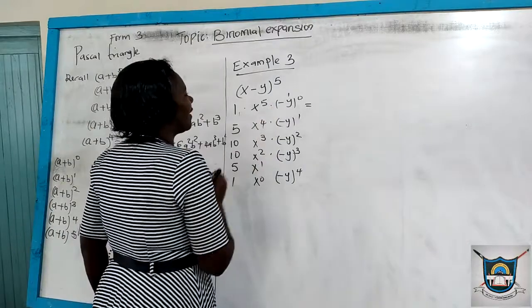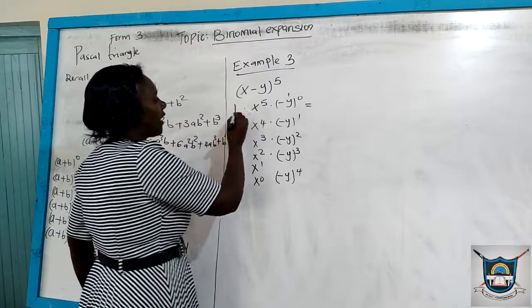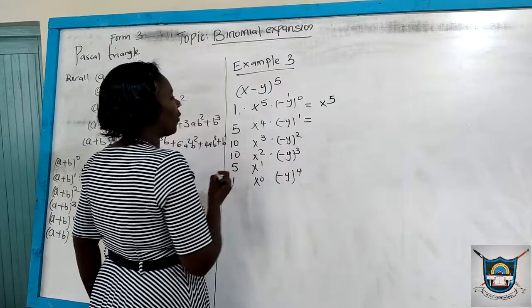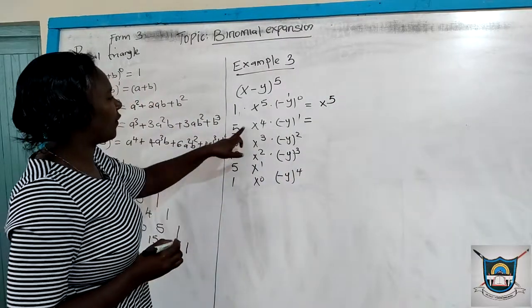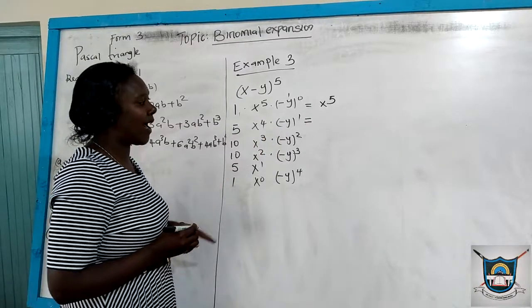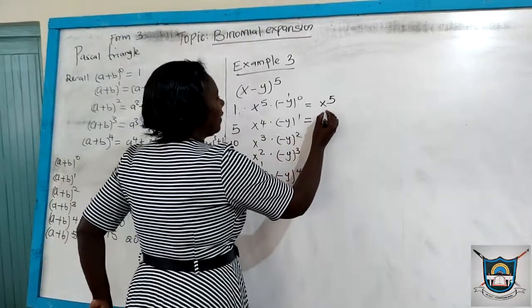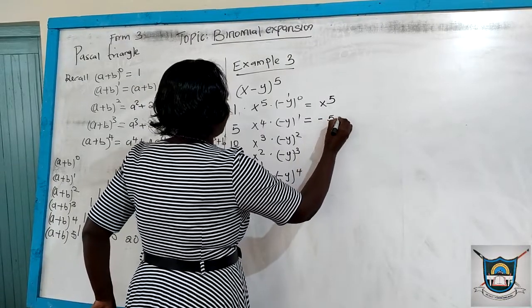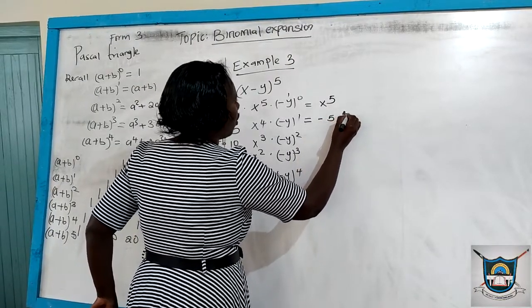So this one will give us 1 times x power 5 times 1, which is x to power 5. The second one will give us 5 times x to power 4, then a negative times negative y, so we put a negative there: negative 5x to power 4 y.